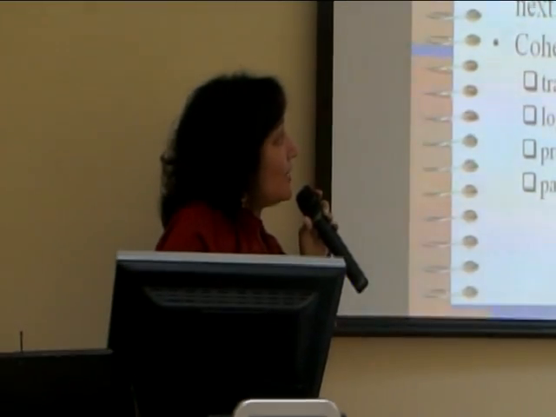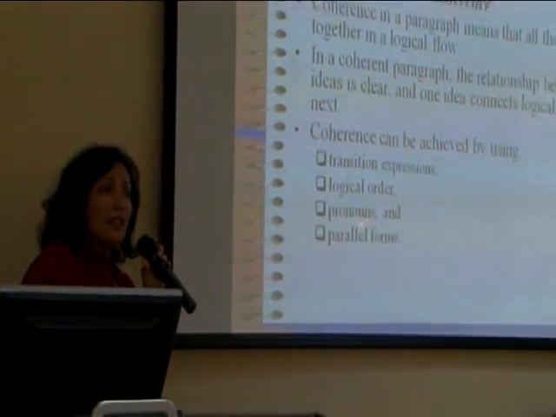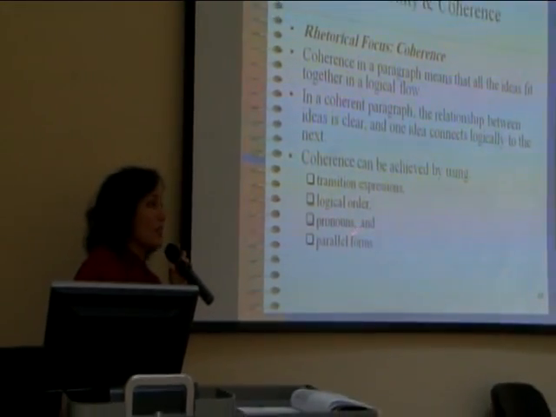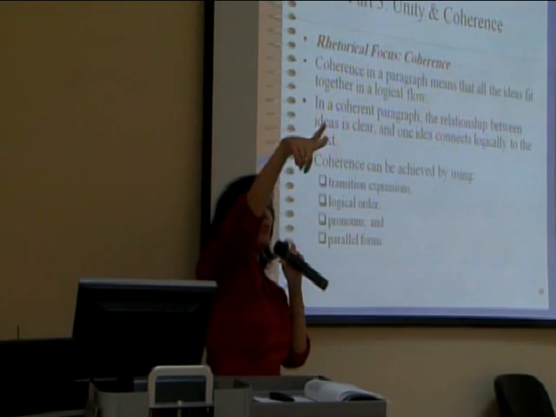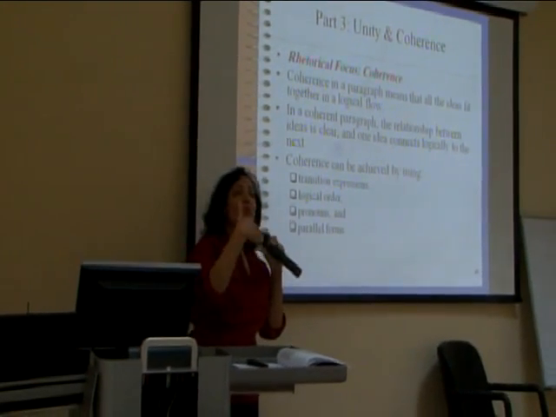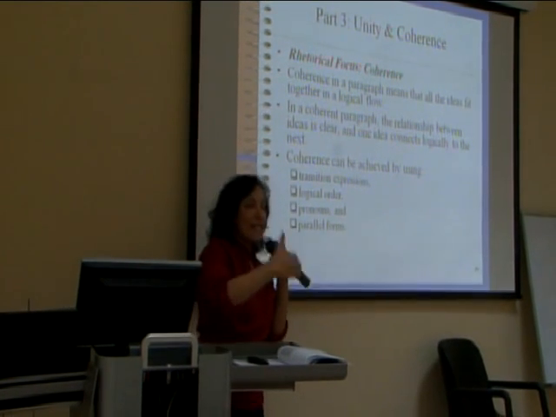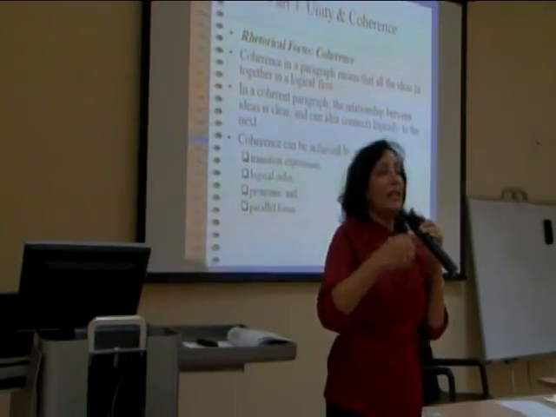Coherence can be achieved in an essay by the use of many transition expressions. Like what? However. Do you remember that we had it at the beginning of the pattern? What are the values of these transition words? What do they affect? How do they affect the essay?